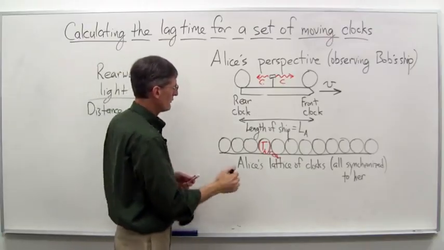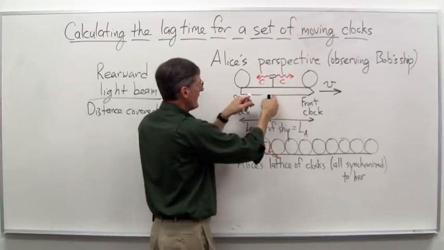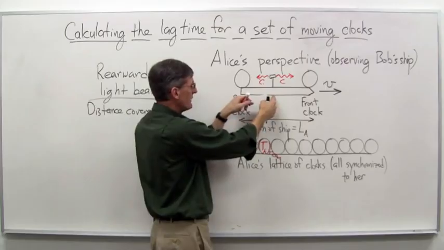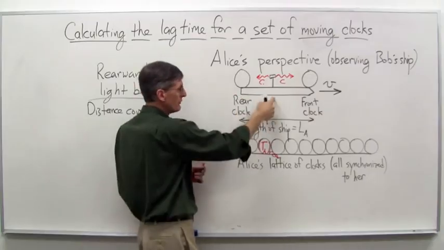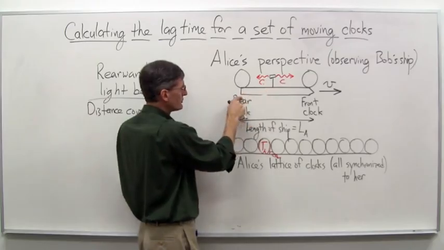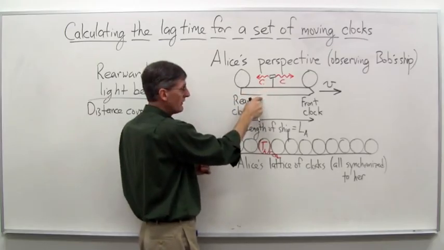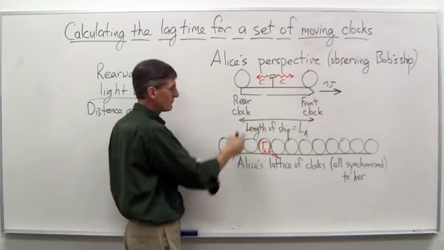Well, we know that the length of the ship is L sub A to Alice, so it's going to cover half the distance here minus the distance the ship itself has traveled. So it's going to be L sub A over 2, the length divided by 2, but the back of the ship has been moving forward by a value v times whatever time it took to get there.